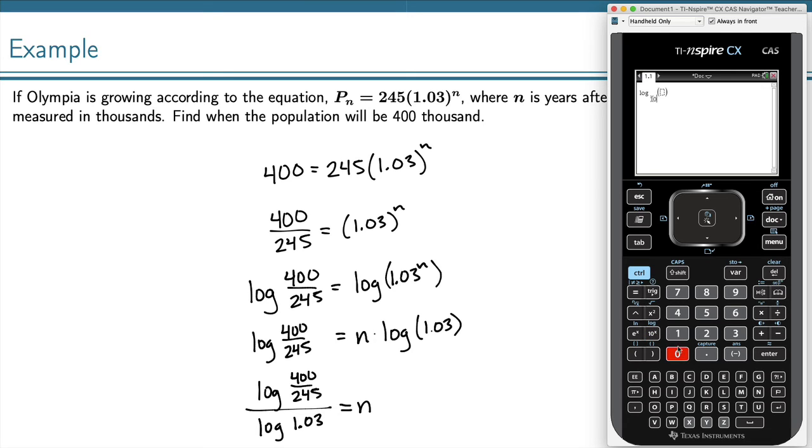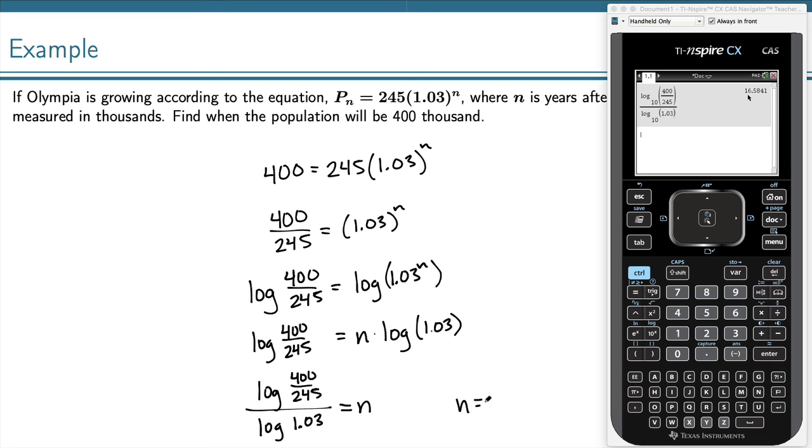So, if we just type a 10 into there, and then do our fraction of the 400 over 245, and then take this and divide it by another log base 10 of 1.03, and we hit enter, and it gives us our answer, 16.58 approximately.